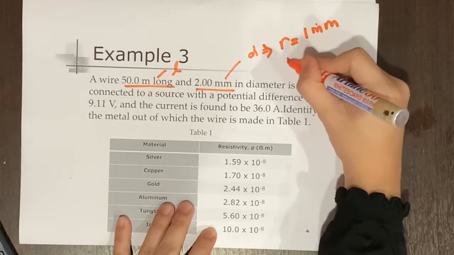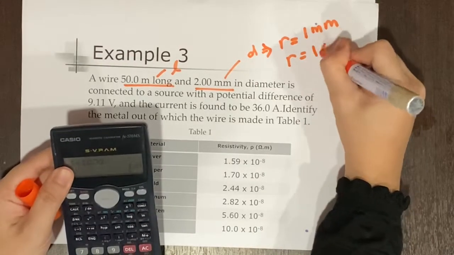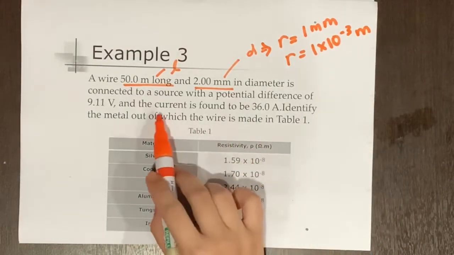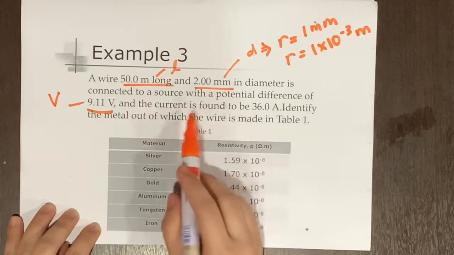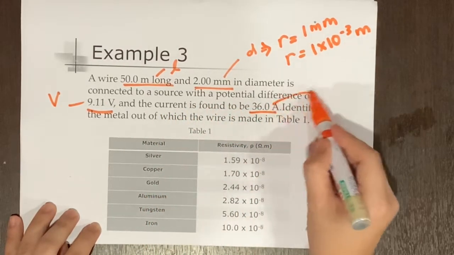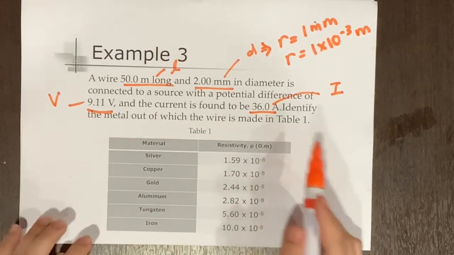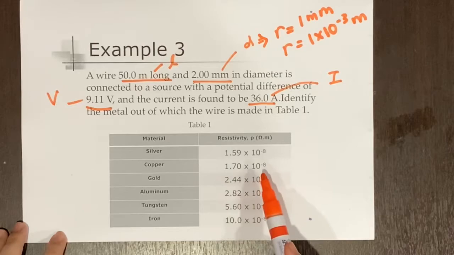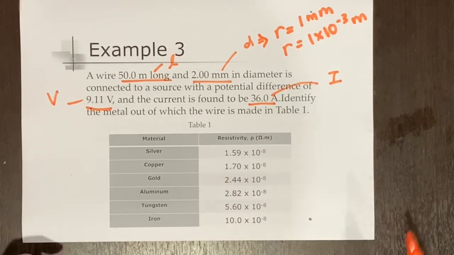Convert this into meter: 1 times 10 to the negative 3 meter. Connected to a source with a potential difference of 9.11 volts. This is the voltage. The current is 36, so I. Identify the metal out of which the wire is made in table 1. You are given resistivity values. So what do you have to find now? Of course, resistivity, right?